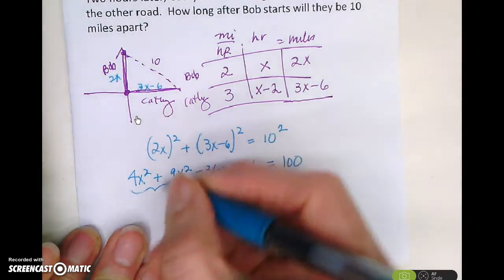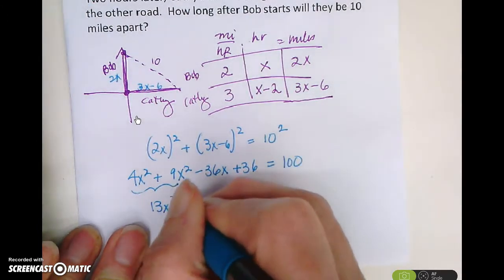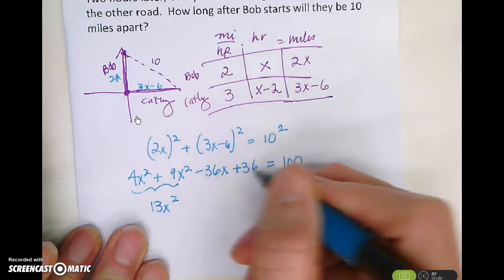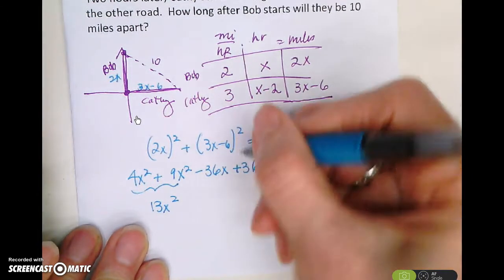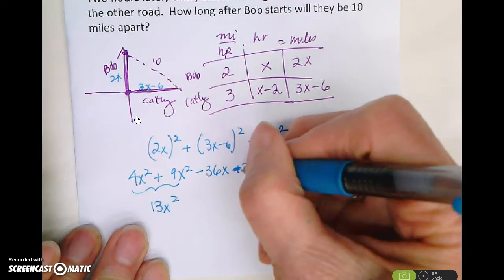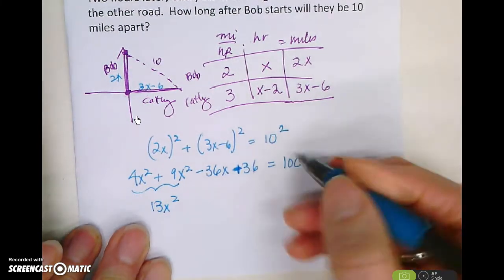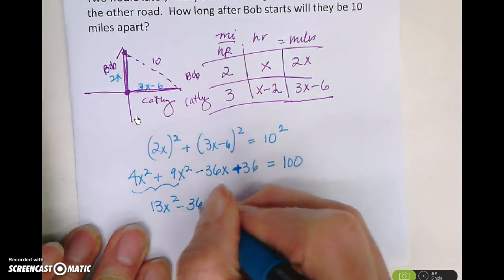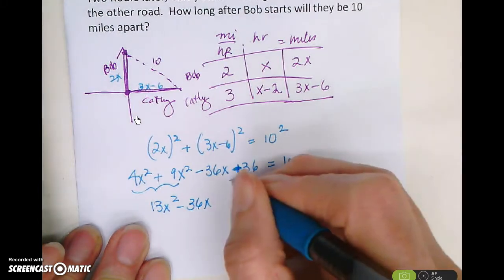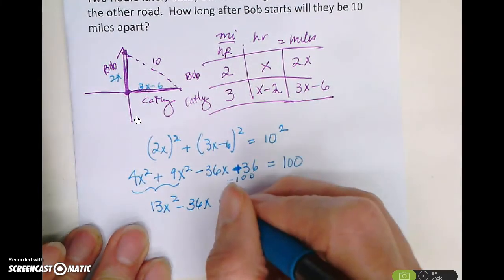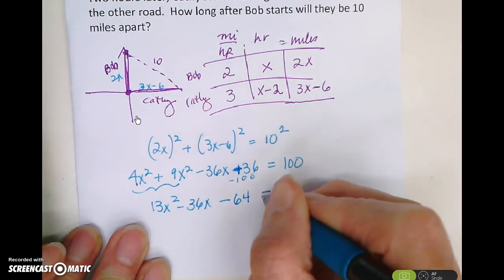So we'll add these and get 13x squared. I'm going to have a minus 36x, and then I'm going to subtract my 100 and get negative 64.